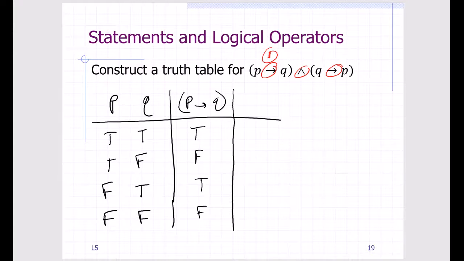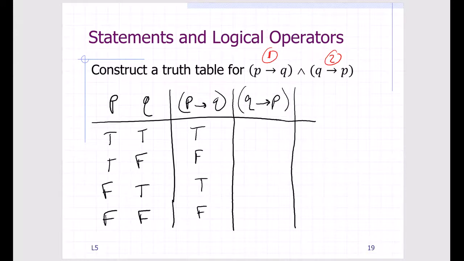And then the next, we'll work inside the parentheses first. So the next logical connective, we'll do this one second: Q implies P. So here the Q comes first, so we're going in this direction.